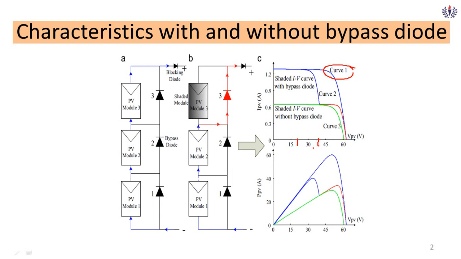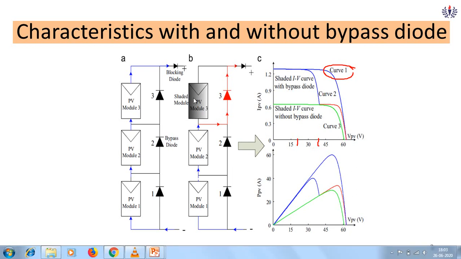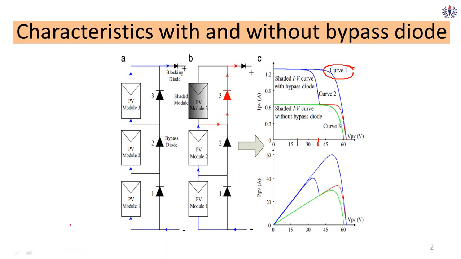Now let me take the case where one of my PV modules has been shaded. Let me come to diagram B, where one of my PV modules is receiving shade. Let me say the PV module receiving lesser irradiation has the capability to deliver 5 ampere, and the other PV modules 10 ampere. I am just assuming, please note these values are arbitrary.